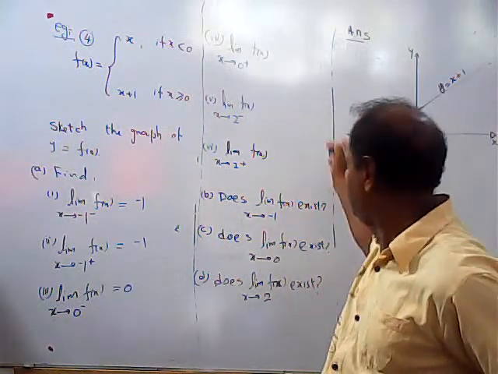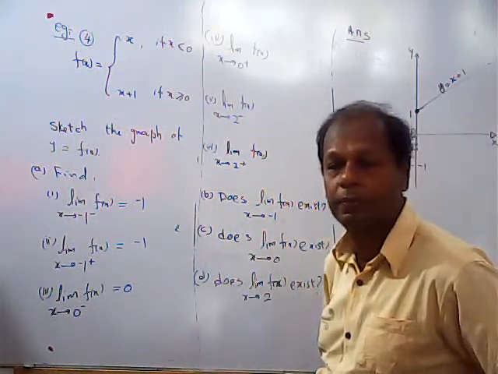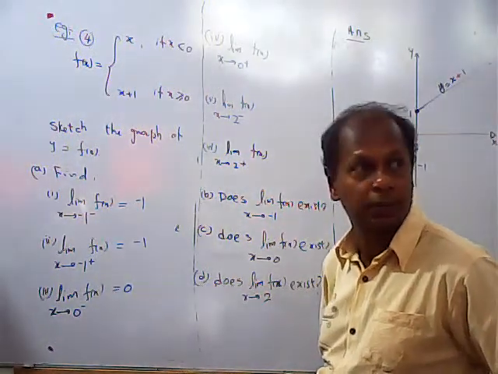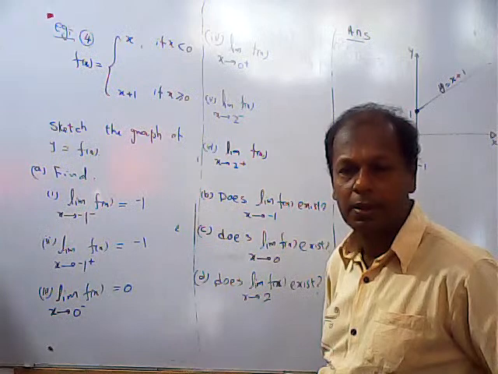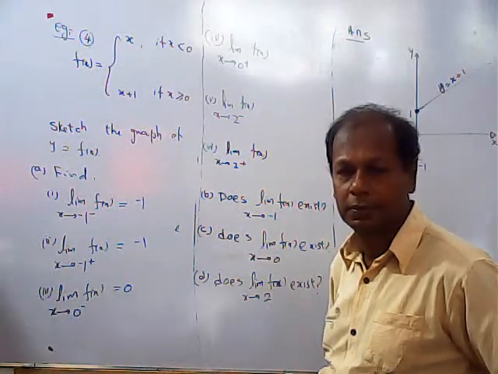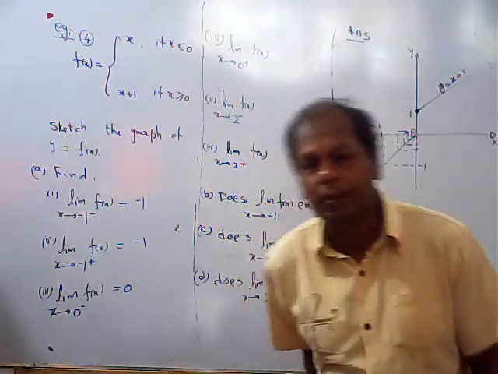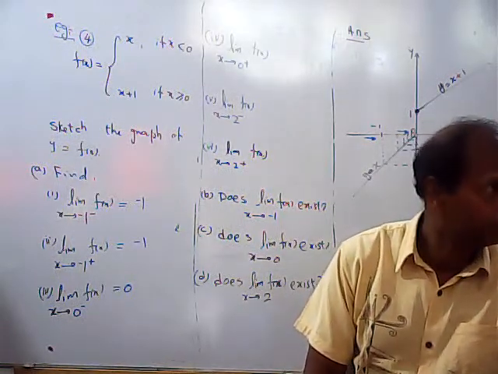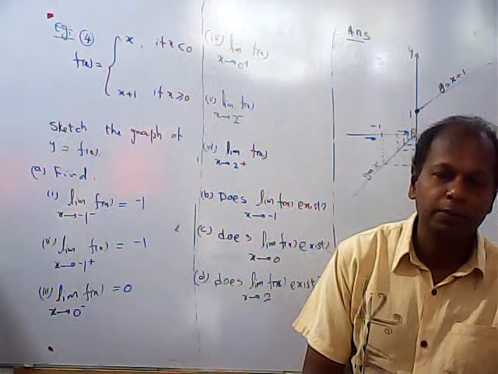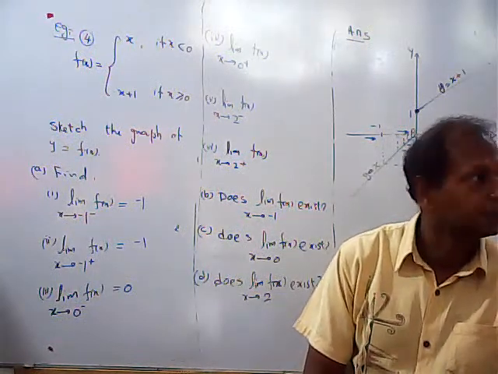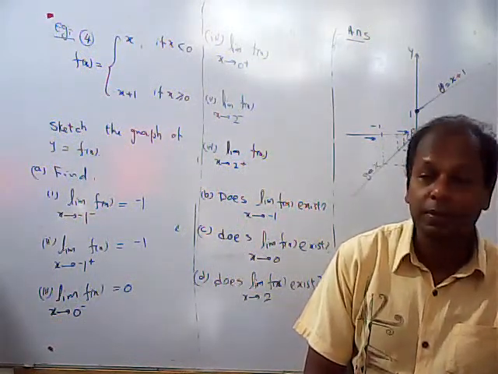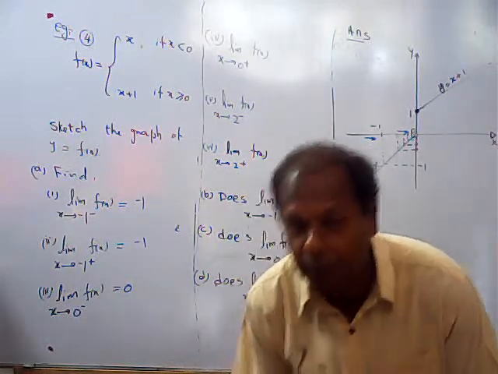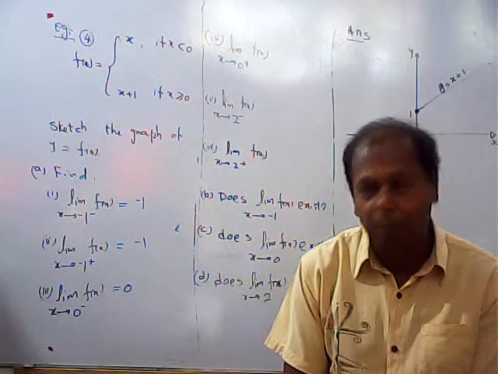Now give the answer. Right limit at 0. What is it? Yeah, Lipa says 1, Olina says 1. What about the others?